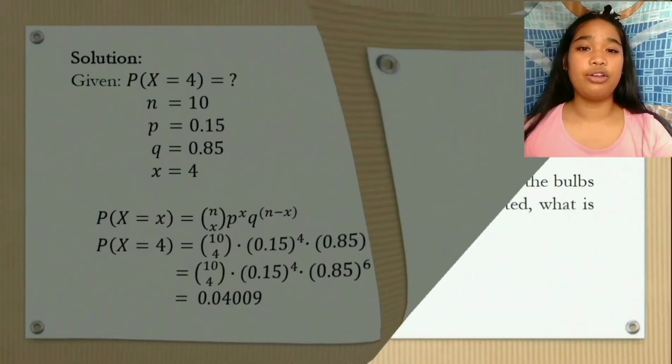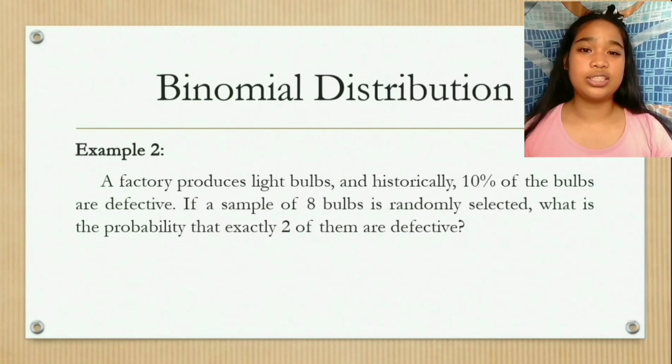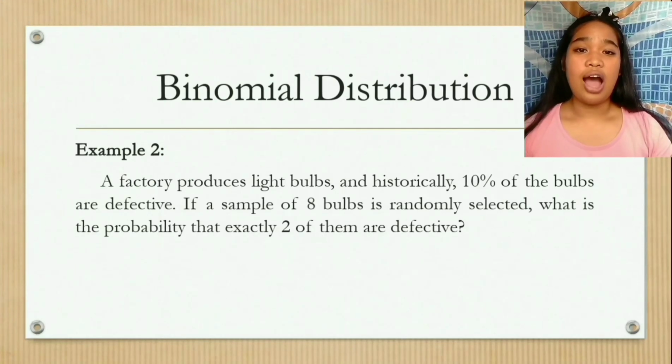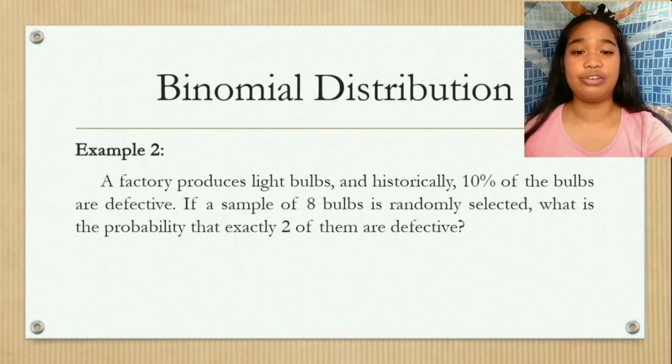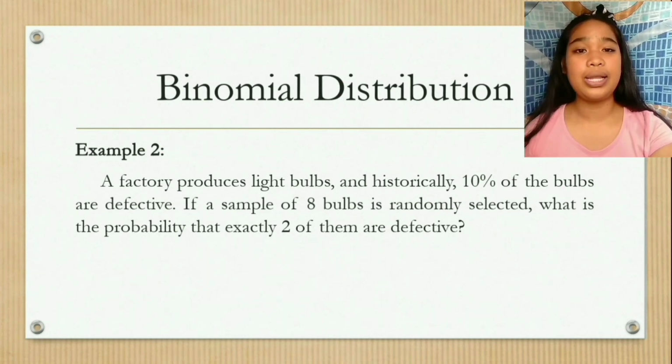Another example for binomial distribution. A factory produces light bulbs and historically 10% of the bulbs are defective. If a sample of 8 bulbs is randomly selected, what is the probability that exactly 2 of them are defective?